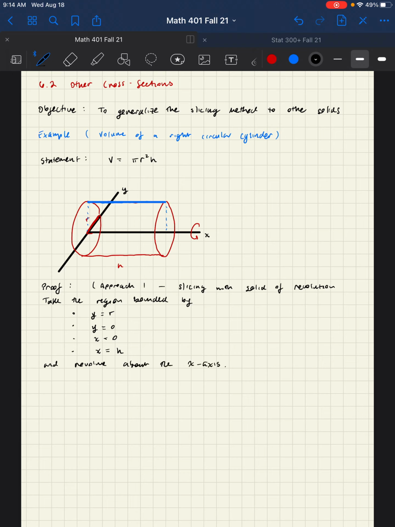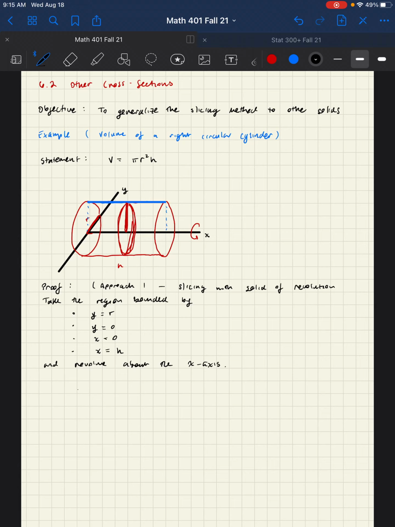Then this means when we're taking our cross-section, the slice that's going to be filled out is this infinitesimally thin disk here that's being generated by a rectangle of height r and width dx.